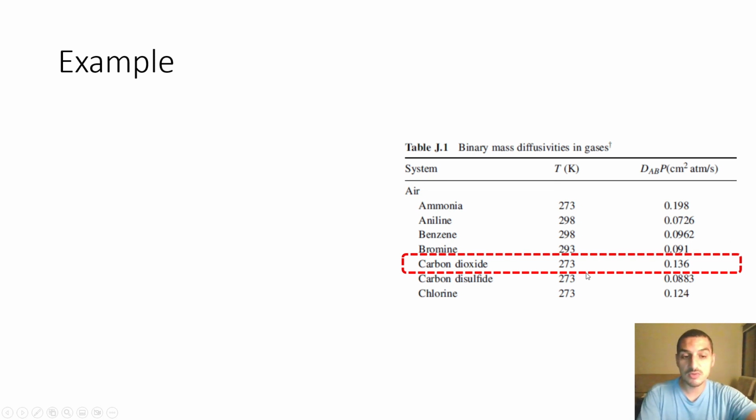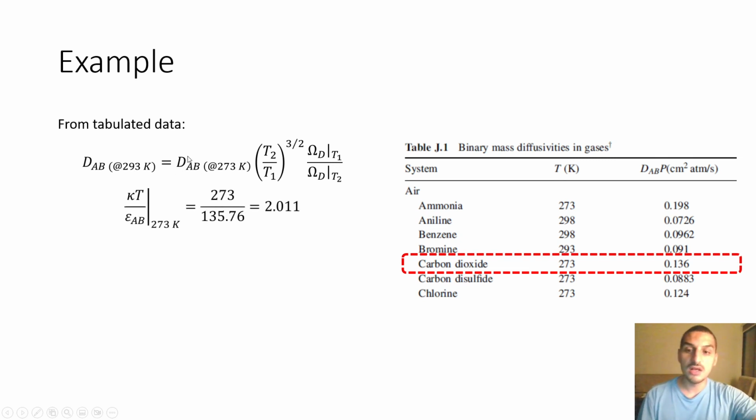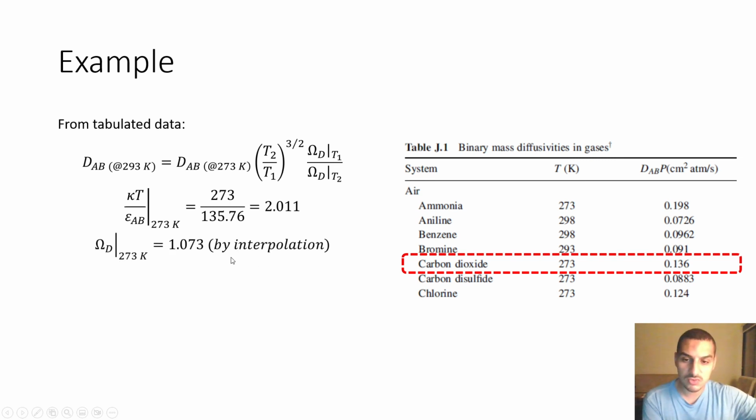In my case, I'm operating at 293, so I have to use this equation to find the value of the diffusion coefficient at 293 based on the value at 273. I didn't put any pressure term here because the pressure is constant. So I'm now calculating kappa T over epsilon at the new temperature to get the omega D at the new temperature, which is 1.073.